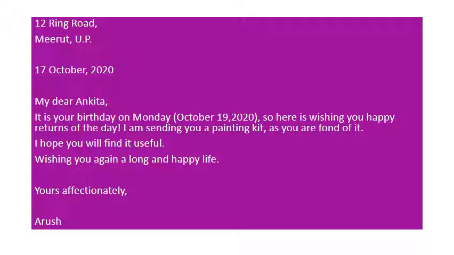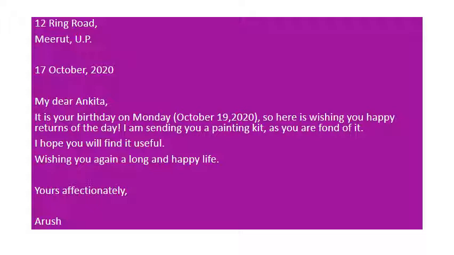12 Ring Road, Meerut, UP, 17 October 2020. My dear Ankita, it is your birthday on Monday, October 19, 2020.